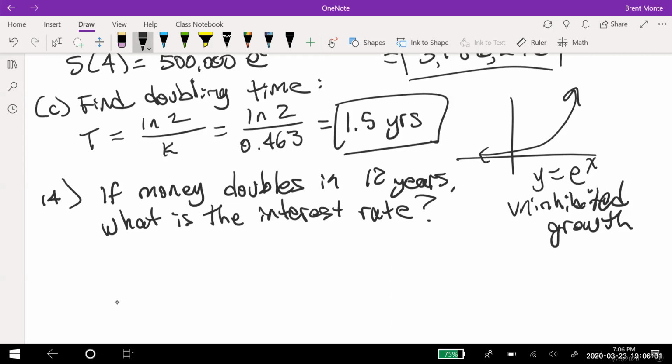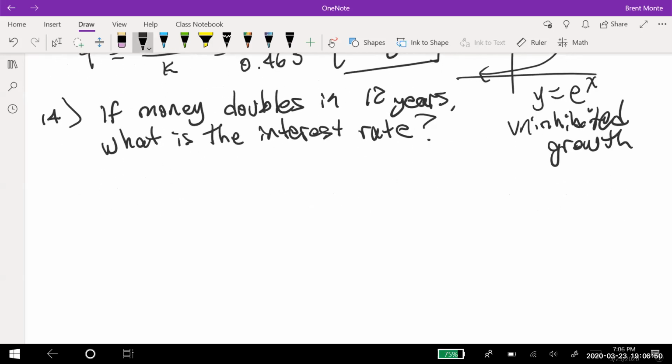Now it says it's compounding continuously. That's where they use the E. There's a slightly different formula you may remember from college algebra. If it's not growing continuously, if it just grows at the end of each month, there's a different formula I have to use. E is the base if it's continuous growth.